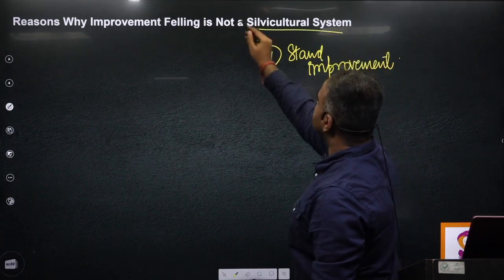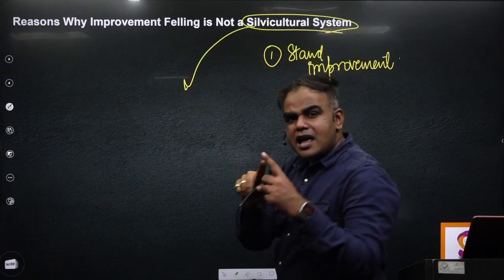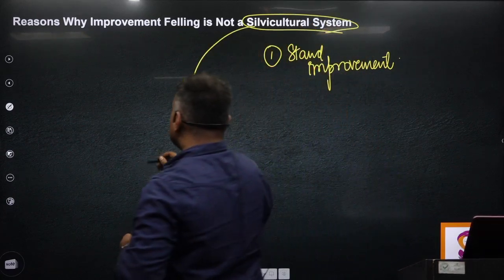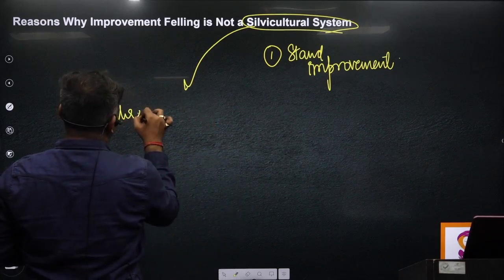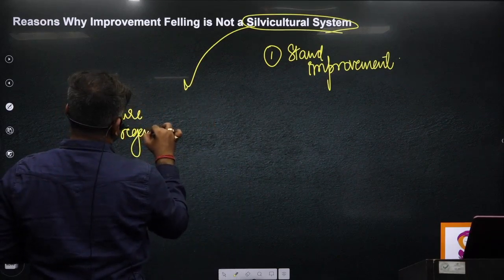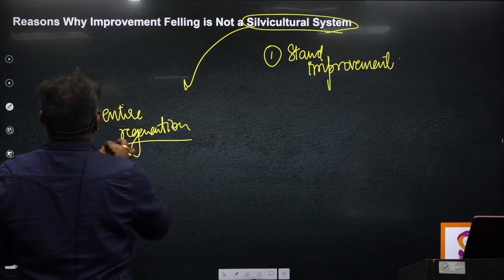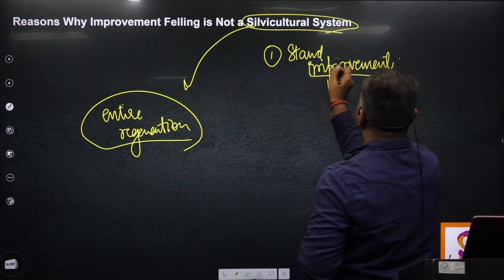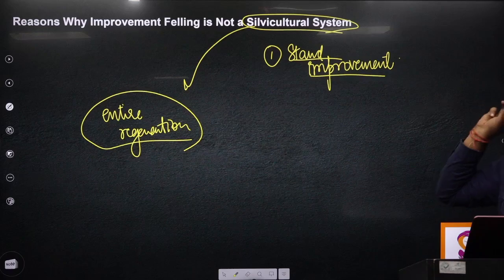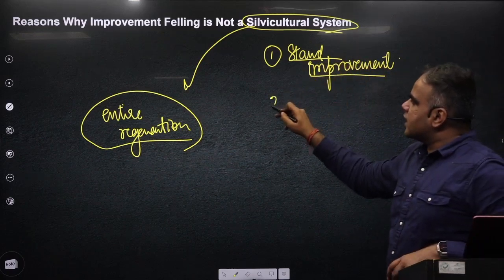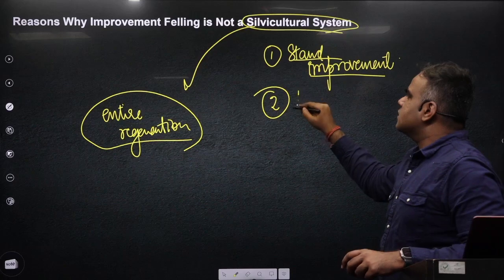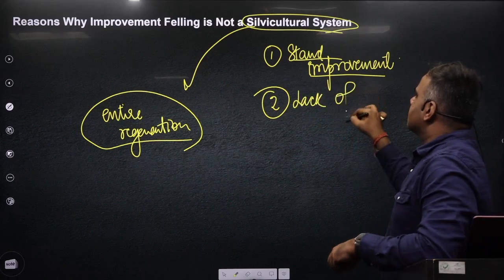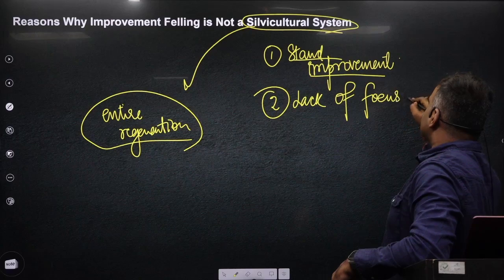In a silvicultural system, the entire cycle, the entire regeneration, is taken into account, whereas improvement felling only focuses on a very small aspect that is only related to the improvement of stand quality. Second, I'll just rephrase what I said here: there is a lack of focus on regeneration.